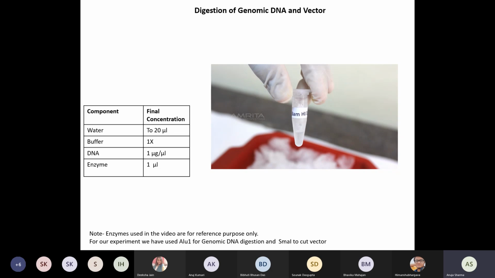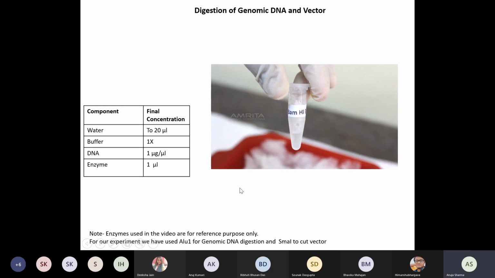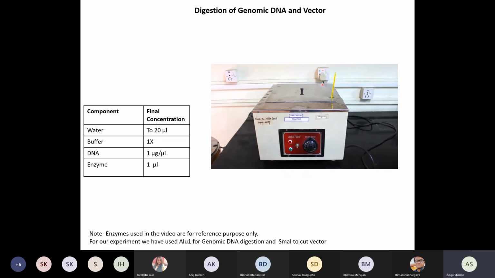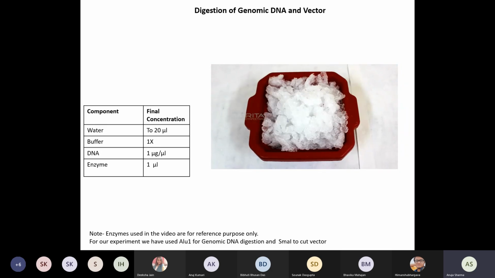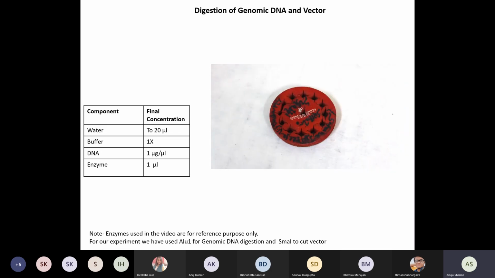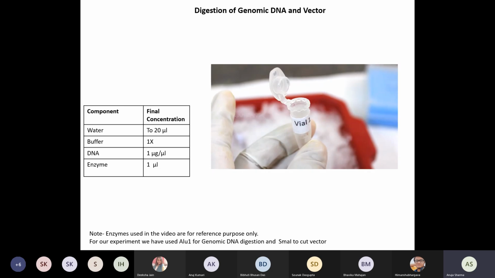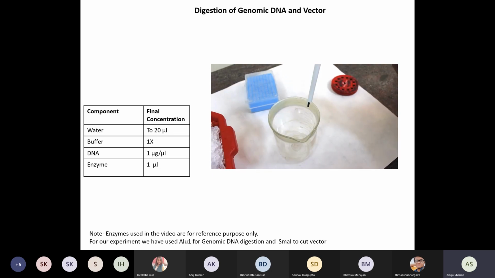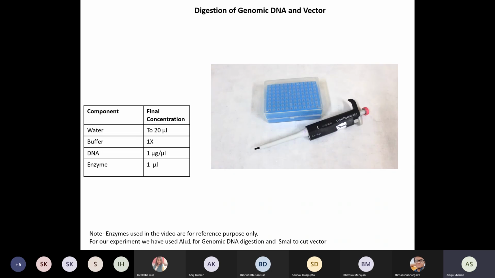It depends on the experiment you are performing.